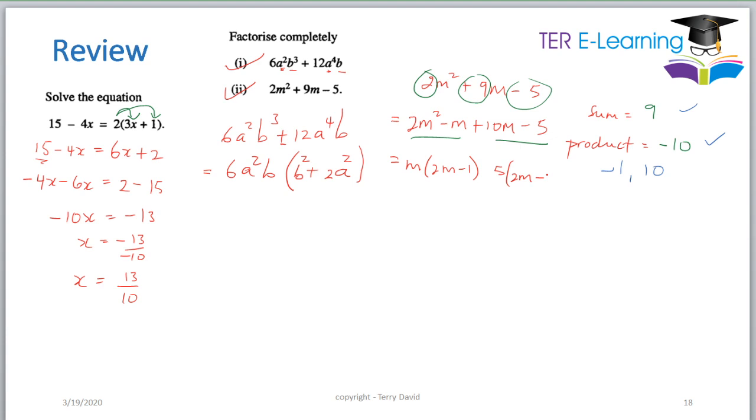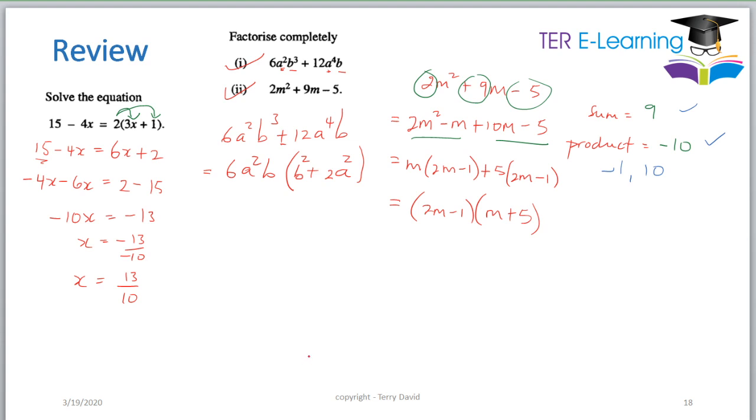So we know this has to be minus 1. So the only way to get that now is for this sign here to be a plus. So when we factorize this, we're going to get 2m minus 1 by m plus 5. Alright? So when we factorize the quadratic, that is what we are getting for the solutions.